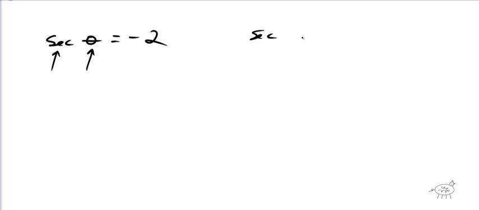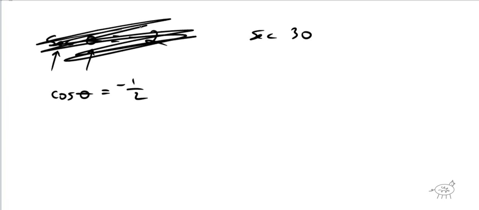Now, when I gave you secant of 30 degrees, there's no rewriting it. You just say, that's cosine of 30, figured out. This one you've got to rewrite as cosine of theta, and then you take the reciprocal. Then you have a new problem, and we don't even worry about the old problem anymore. It's just cosine of theta is equal to negative 1/2. Cosine of what is 1/2?